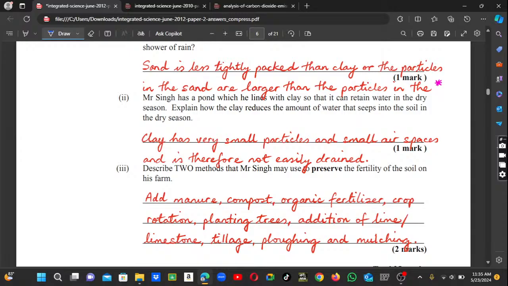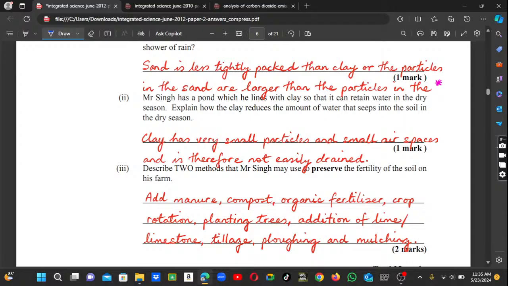I would say differences. We need to know about the environment, in the sense of how water can be conserved, because they may ask you to list three methods of water conservation.